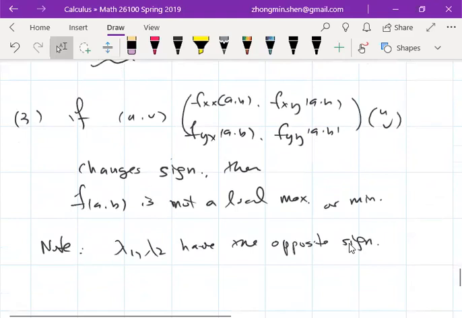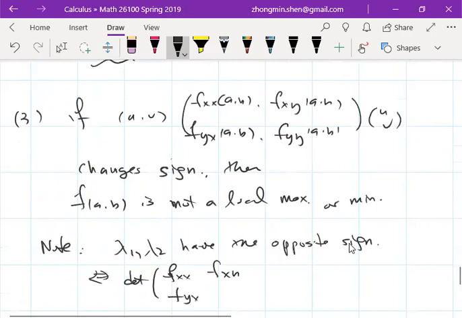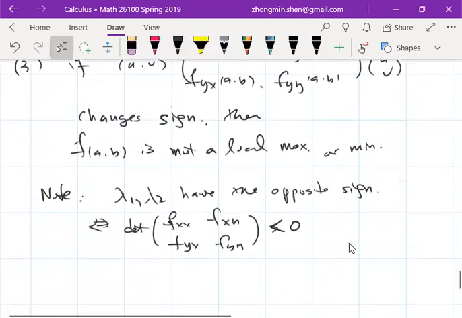This is equivalent to saying that the determinant is negative, and the reason is the determinant is lambda 1 times lambda 2.